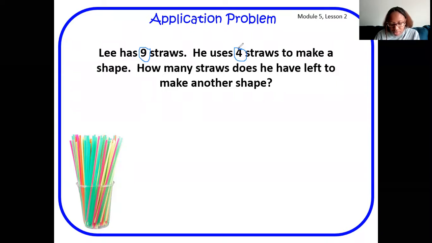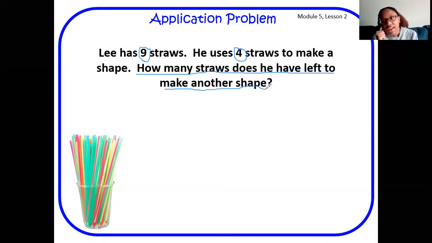And then I also know the U in CUBES means underline the question. So now we want to underline our question so we can be sure we answer it at the end. So our question is, how many straws does he have left to make another shape?